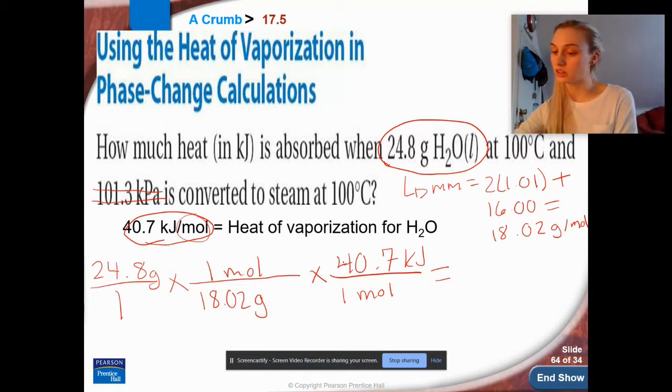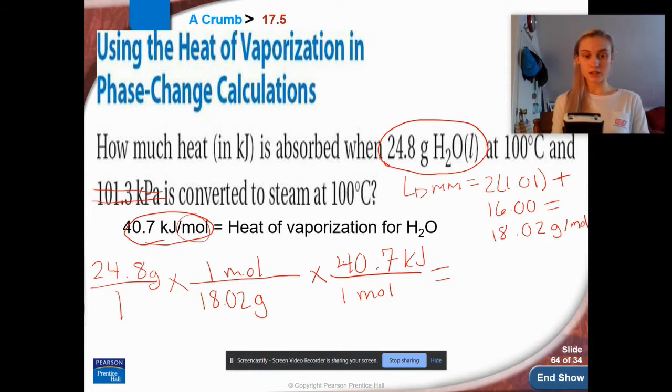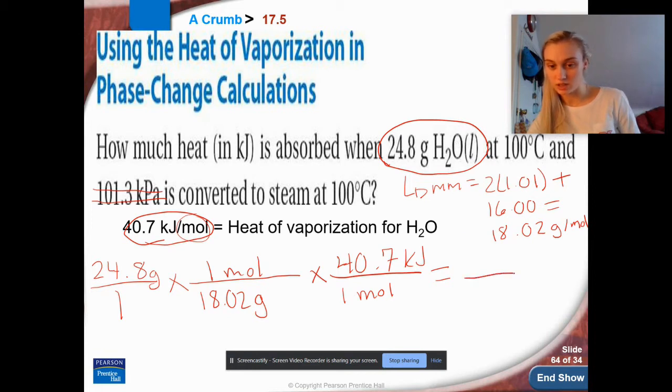So now we're going to calculate this out. I have my calculator right here. I'm going to multiply across the top and across the bottom, because I know you guys are used to that. So across the top, 24.8 times 1 times 40.7, and you get 1009.36.